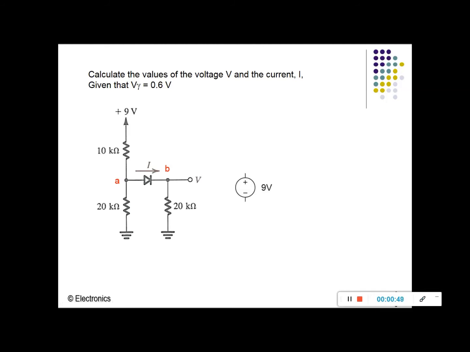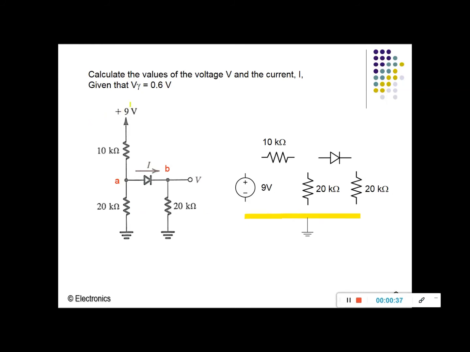You have the 9 volt power supply, you have the 10 kilo ohm, 20 kilo ohm, the diode, and the 20 kilo ohm, and don't forget the ground. So you need to make sure that the ground is always at the bottom here. Alright, so just imagine you bring that 9 volt supply to the left like this, and it is connected to the 10 kilo ohm.